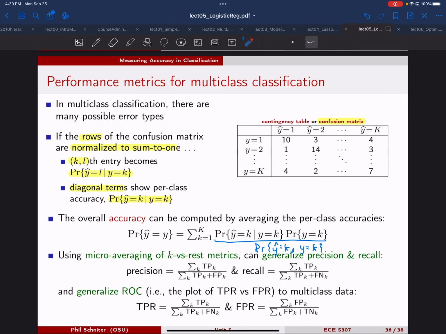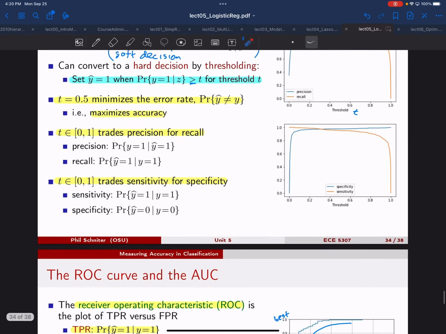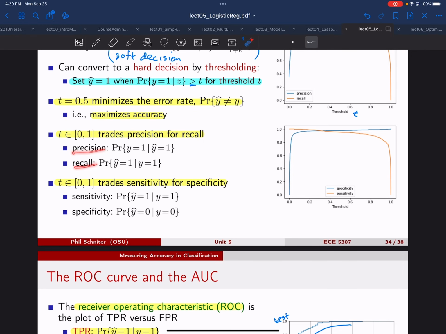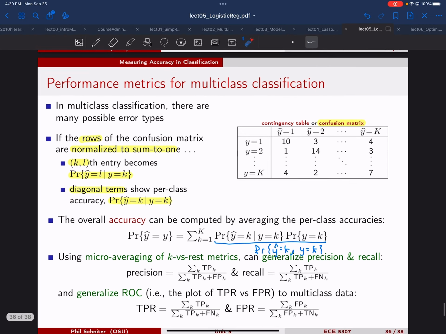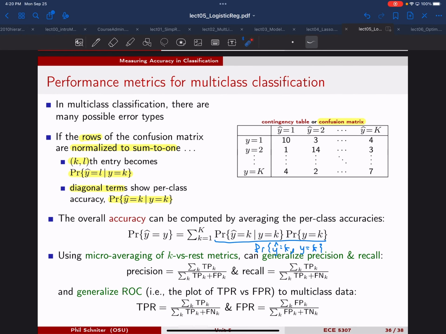Now you might wonder, what about all these other metrics like precision and recall? What do you do with those in the multi-class case? There are actually different things you can imagine doing here, but after looking into it, it seems like the most popular, most robust choice, if you want a multi-class precision, is what's called micro-averaging of the K versus rest metrics.